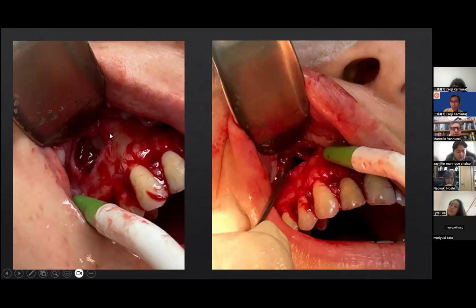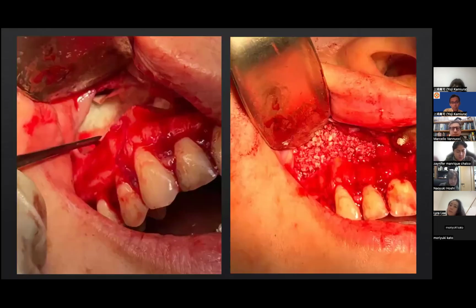So you can put all this material up and posterior on the lateral wall. And now we put the membrane. In contact with the mucosa, we put the LPRF membrane.